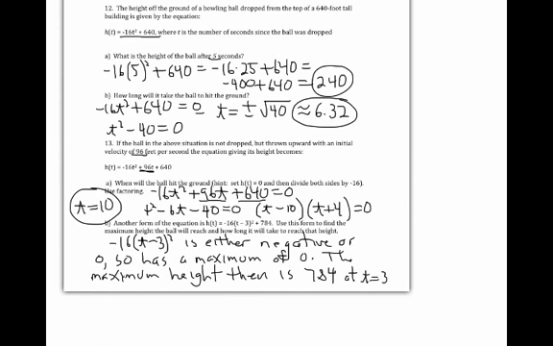This factors into t minus 10 times t plus 4 because two numbers that multiply to negative 40 and add to negative 6 are negative 10 and 4. Well, that gives us either t is equal to 10 or t is equal to negative 4. Negative 4 doesn't make sense in this problem, so we have as our solution t is equal to 10. It'll take 10 seconds for the ball to hit the ground.